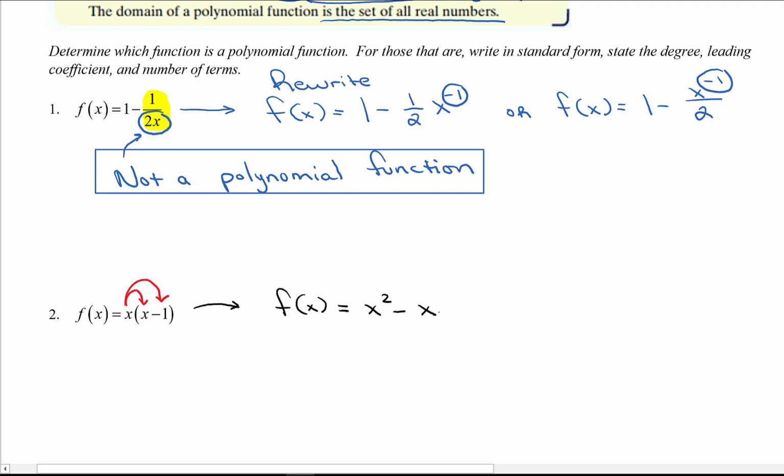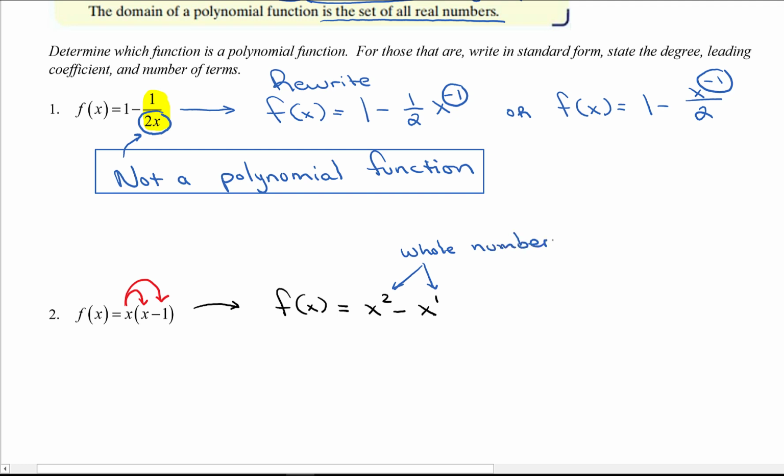I look at the powers and I see that the powers on all of these x's are integer values that are greater than or equal to 0. So these are going to be satisfying those. Another way to call them, whole numbers, I think is the easiest thing to just refer to them.